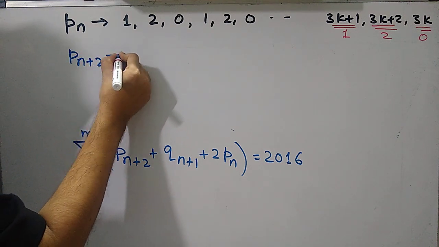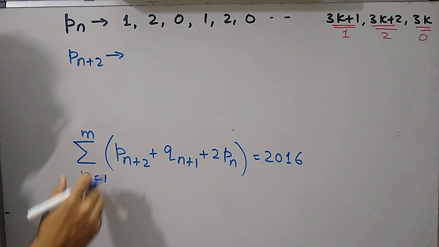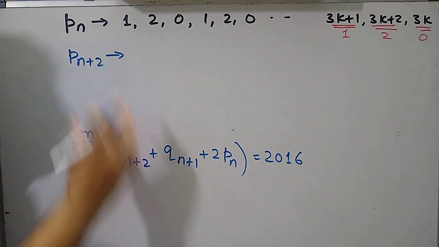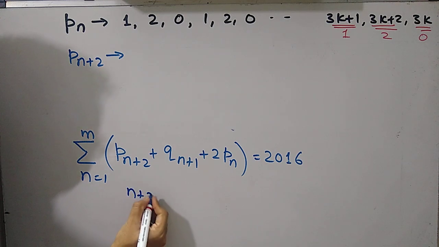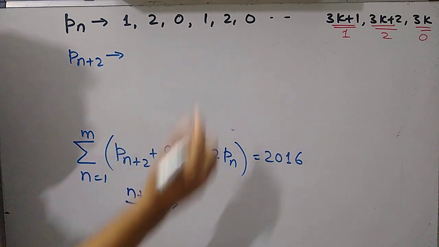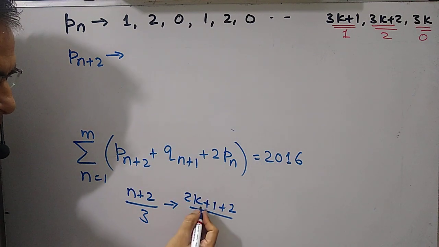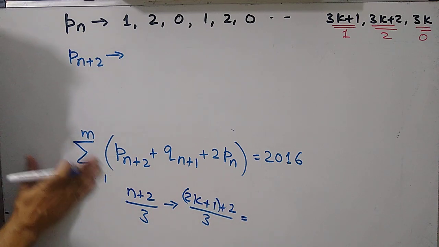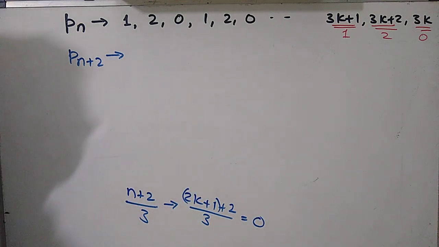Now, then we have Pn plus 2. If Pn leaves remainder 1 when divided by 3, what will happen here? If you take 3k plus 1, 3k plus 1 plus 2 divided by 3, this becomes 0.